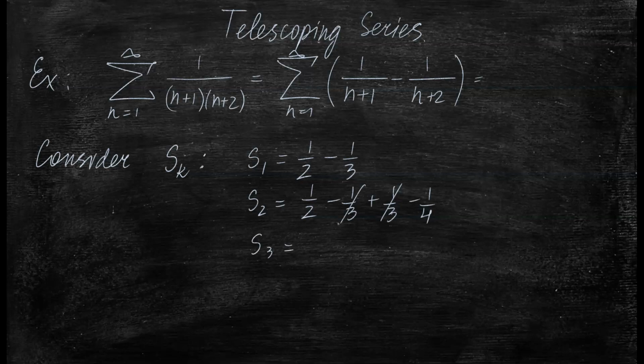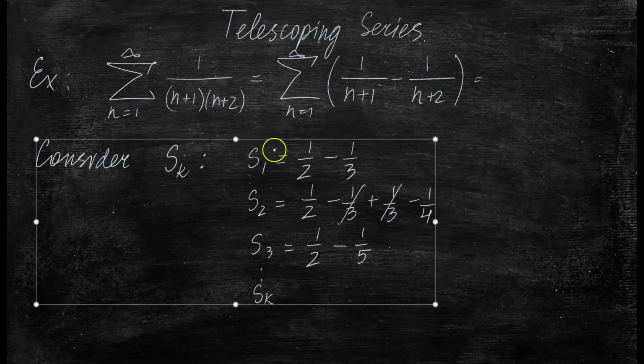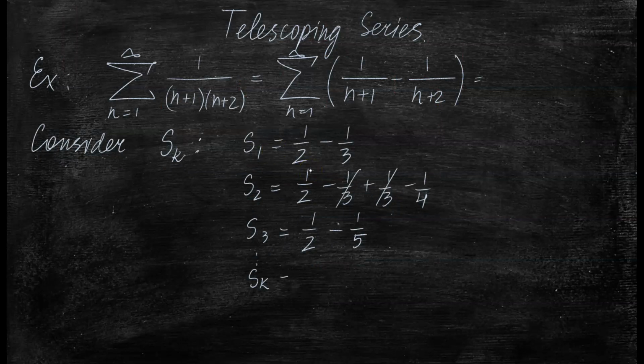So S3 will be 1/2 minus 1/3 plus 1/3 minus 1/4, and if we add 1/4 here and then subtract 1/5, the 1/4s will cancel each other, and we're going to end up with just 1/2 minus 1/5. And we can speculate here. Well, it's not much of a speculation, we can just observe the following pattern. The kth partial sum will be equal to 1/2 minus 1 over k plus 2. And what does that mean?